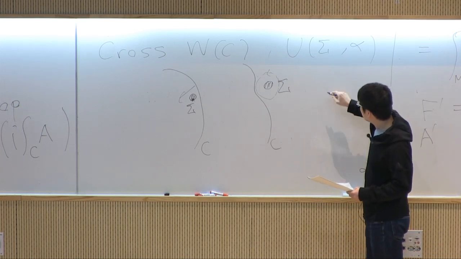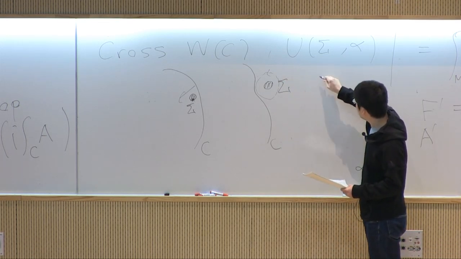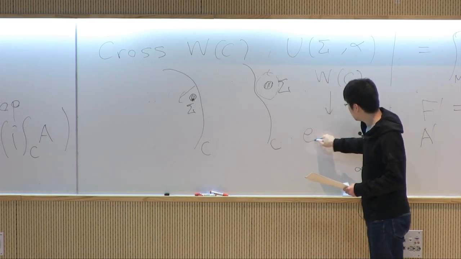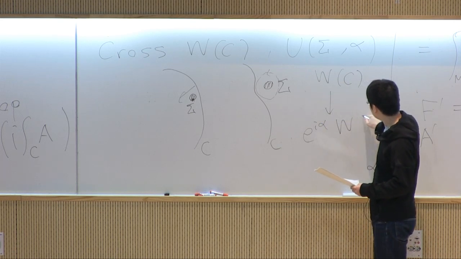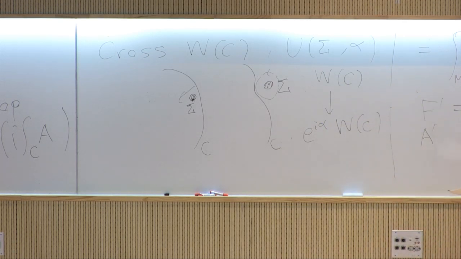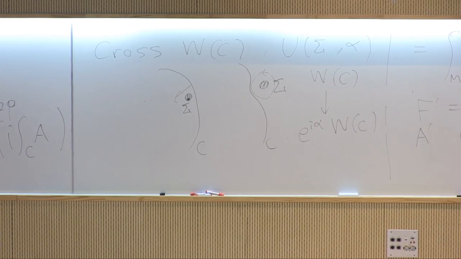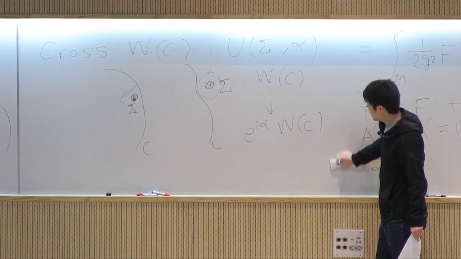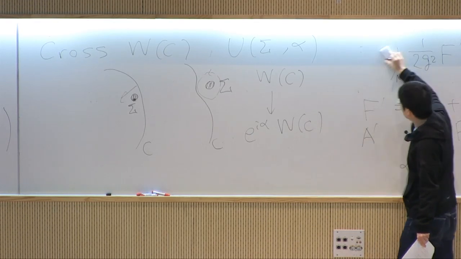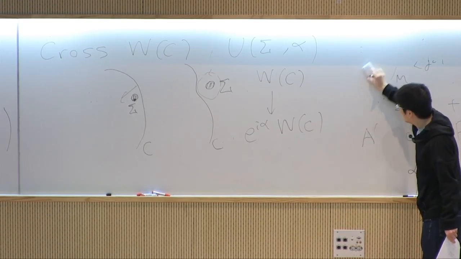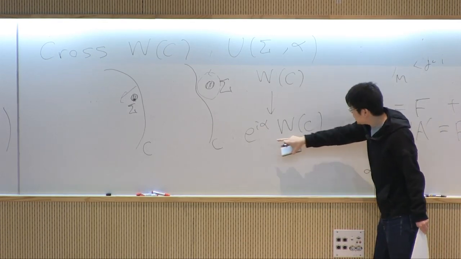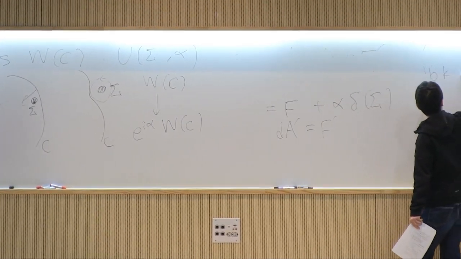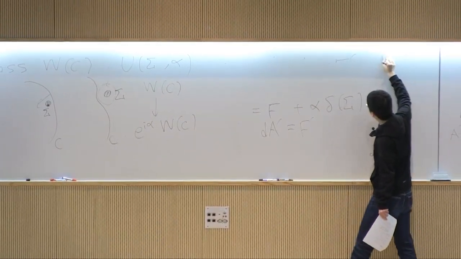So by crossing these two operators, this Wilson loop gets a phase factor exponential i alpha. This just follows from the definition, and this phase factor means that the Wilson loop operator is charged under the electric one-form center symmetry.